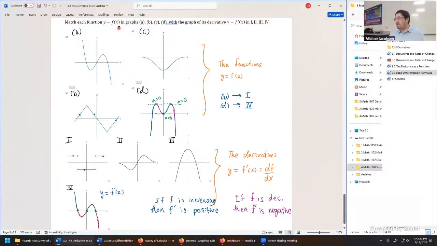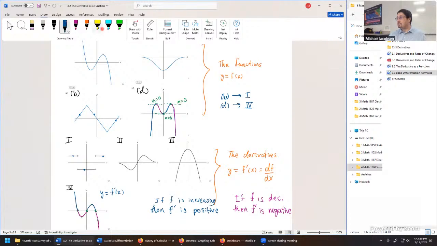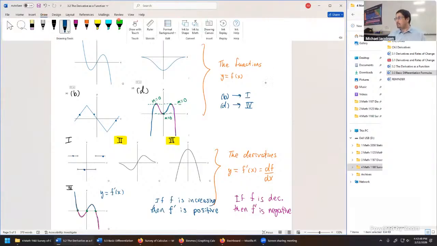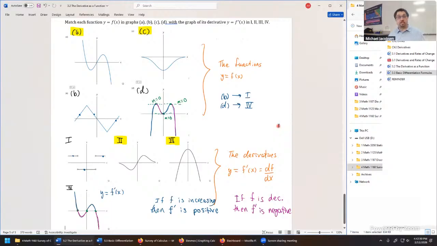Let's take a look at the last two candidates that we have on. It's graphs 2 and 3 to match with graphs A and C. Any volunteers for one matching pair? Let's take a look as we think about it.